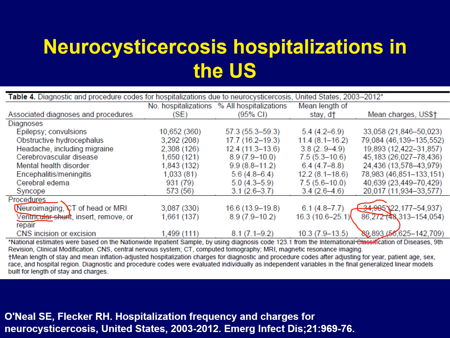So we can see neurocysticercosis is an emerging neglected tropical disease in the United States. Certainly globally, it is a major neglected tropical disease. So it is something we should be very concerned about domestically in addition to globally as well.